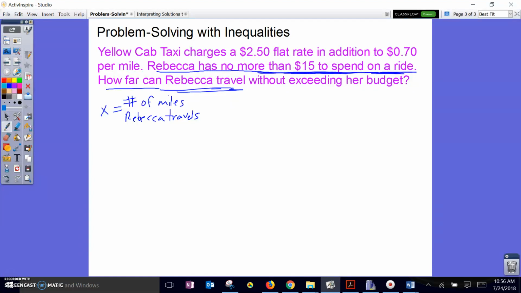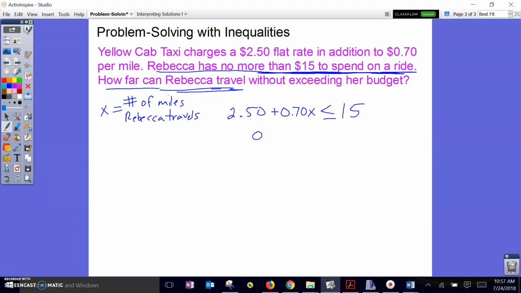So that means that what she spends has to be less than or equal to $15. That gets us started writing our inequality. Now they're going to charge her $2.50 to get in, and then 70 cents for each mile. So we're going to take 70 cents times the number of miles. And there's our inequality that represents this scenario. And now we want to go about solving it.